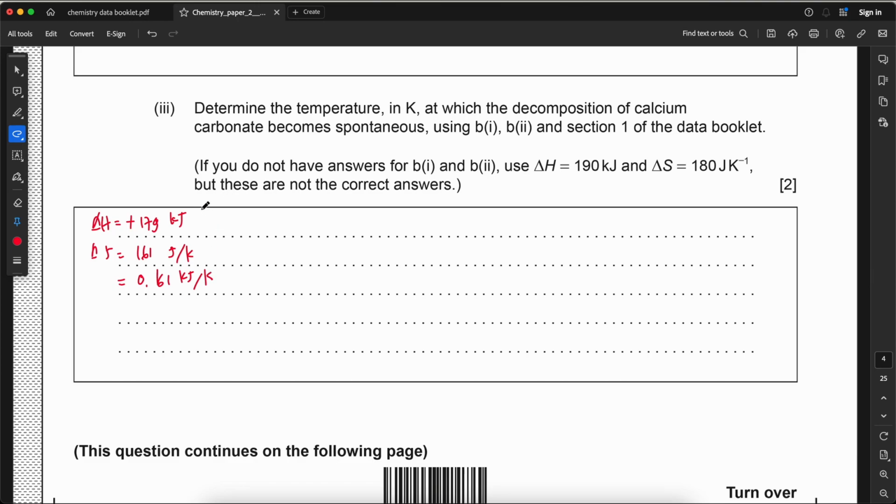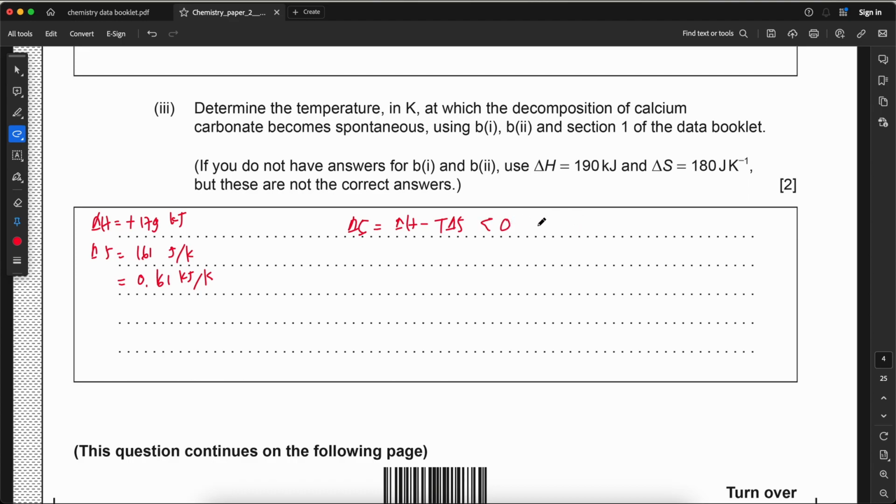For delta G, the equation is delta H minus T delta S. To become spontaneous, delta G should be negative, smaller than 0.